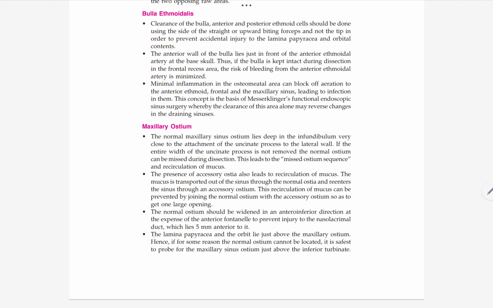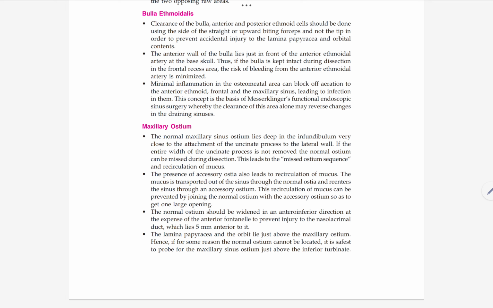The presence of accessory ostia also leads to recirculation of the mucus. The mucus is also transported out of the sinus through the normal ostium and re-enters the sinus through an accessory ostium. This recirculation of mucus can be prevented by joining the normal ostium with the accessory ostium so as to get one large opening.